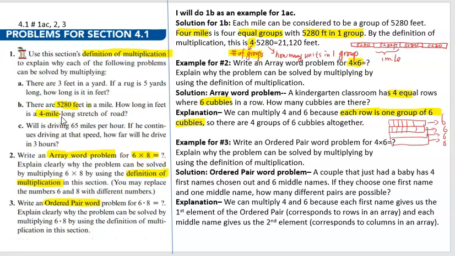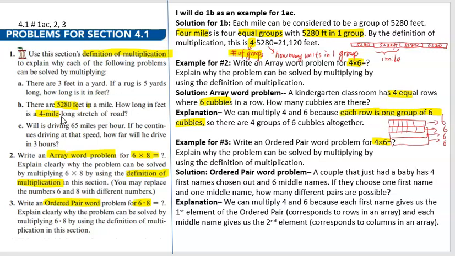Okay, so let's look at the word problem. Again, I use 4 times 6, and you have to do 6 times 8. So first is the word problem. A couple that just had a baby has 4 first names chosen out and 6 middle names. Because the last name is fixed and we don't have options, but the first name and middle name can be chosen.